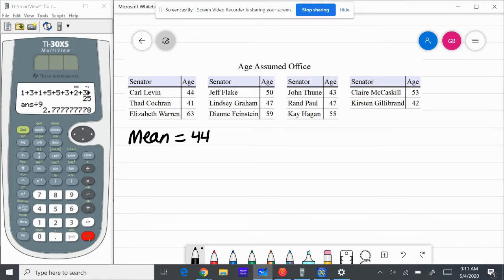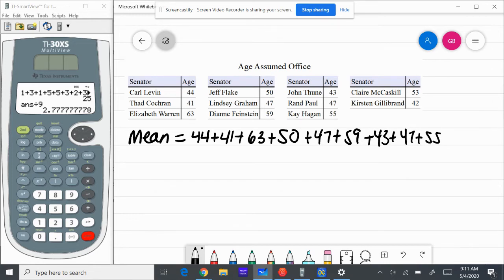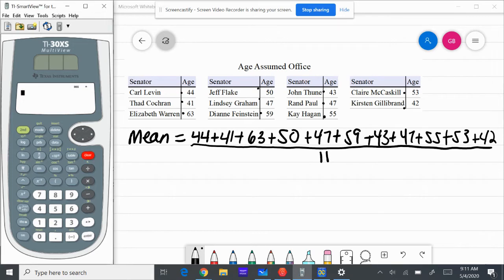So 44 plus 41 plus 63 plus 50 plus 47 plus 59 plus 43 plus 47 plus 55 plus 53 plus 42 divided by 11. So all of that divided by 11. So definitely you want to use a calculator here.